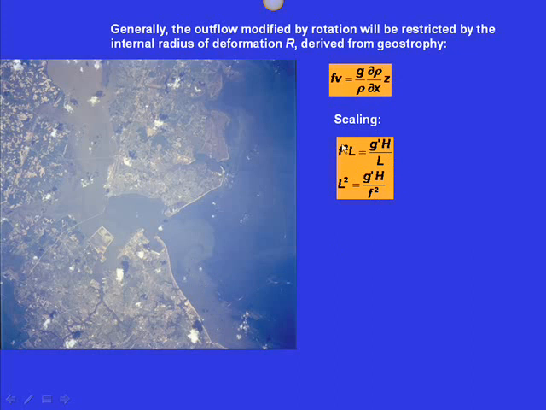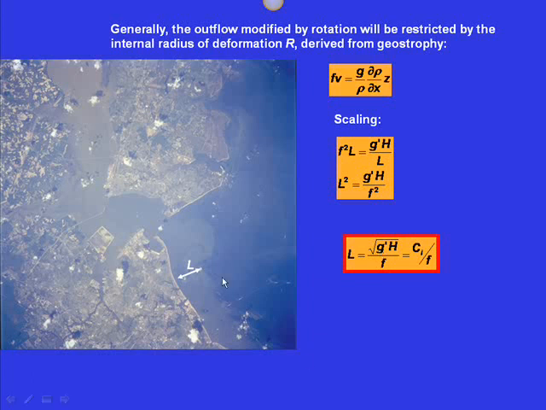So if you solve for L here, this is the length scale that we're looking for. It appears right there. So this length scale that's constricting the outflow is the square root of g prime H divided by the Coriolis parameter. And this is called the internal radius of deformation, or the internal Rossby radius.